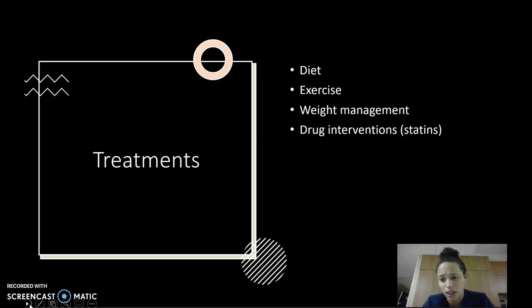If you're overweight, there's a high chance that your body can't regulate the blood sugar levels, and it's the same thing with cholesterol. So these are usually the first line of things you want to do in order to treat high cholesterol levels. And then the last option is, if the other ones aren't working, then you'll usually have to use a drug intervention, and that's when the statins come in.